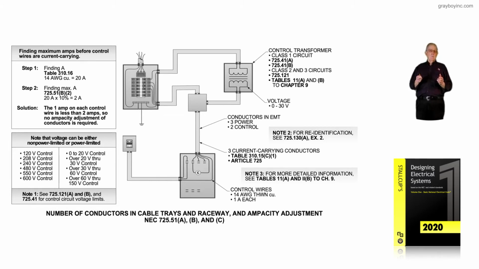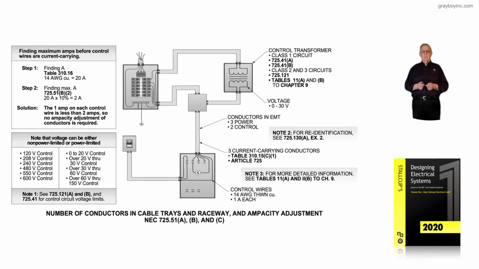A Class 3 circuit, for example, could operate from 50 volts up to 150 volts and have the outputs listed in there just as well as for the Class 2 circuit. But the voltage that we're looking at on the secondary side of that transformer is 0 to 30 volts as illustrated.